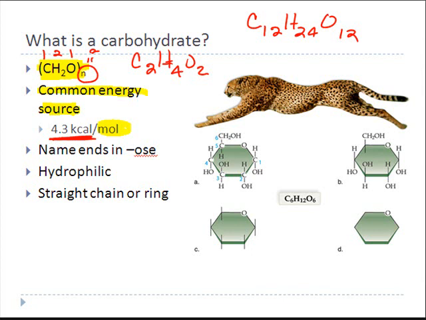Another common feature you'll see of all the carbohydrates, for the most part, that we're going to be discussing in class is that frequently the name will end in the letters OSE: glucose, fructose, galactose, sucrose, maltose, etc. So that's often a tip-off that you're looking at a carbohydrate if the name ends in OSE.